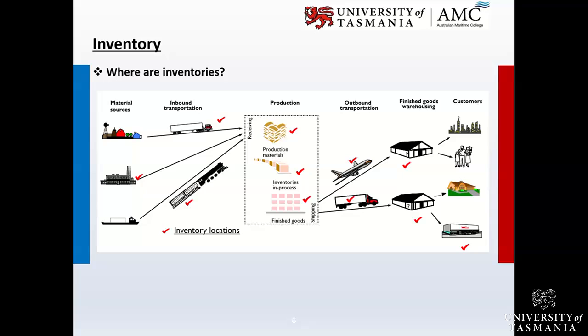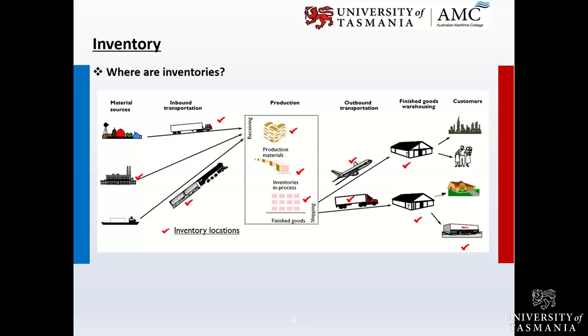So airplane or truck can keep inventories for temporary storage, and then these products will be transported to warehouses. So inventories will be kept in warehouses. Finally, they will be delivered to customers.